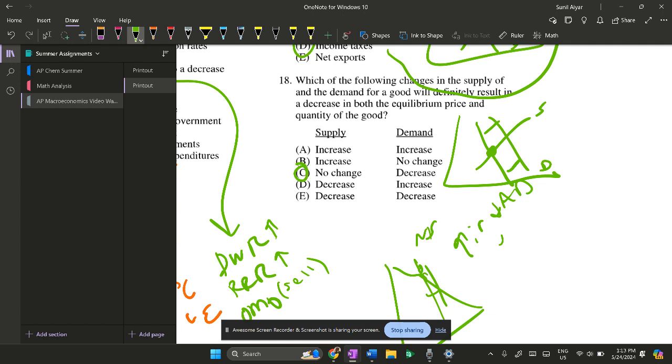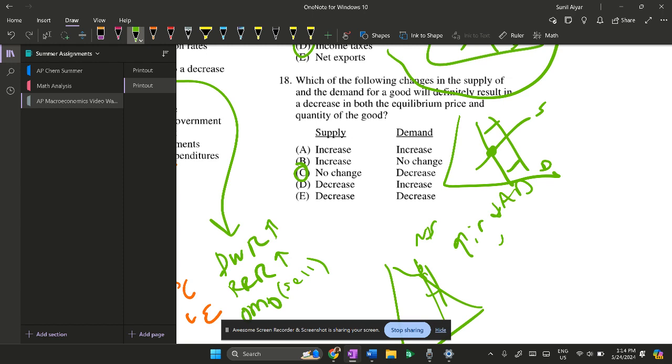I personally have all of those things memorized, where it asks if the price level goes up and the quantity remains indeterminate, I know what happens to supply and demand. Most people don't have all of that stuff memorized, which is completely fine. You would just have to play around with them. I recommend going from A, C, E. You try an increase in supply, a no change in supply, and a decrease in supply.